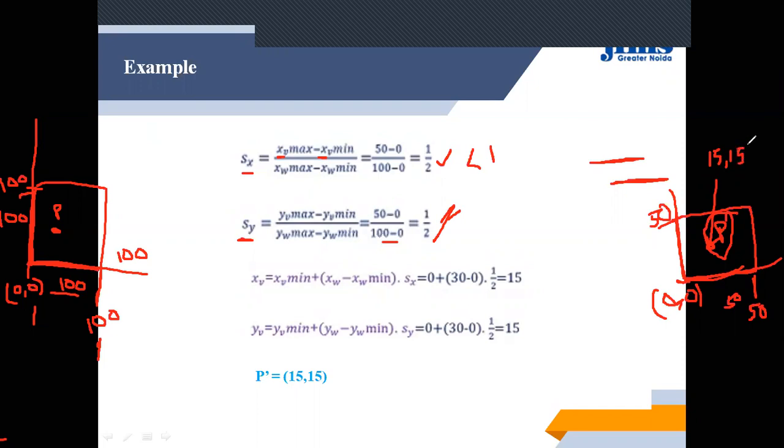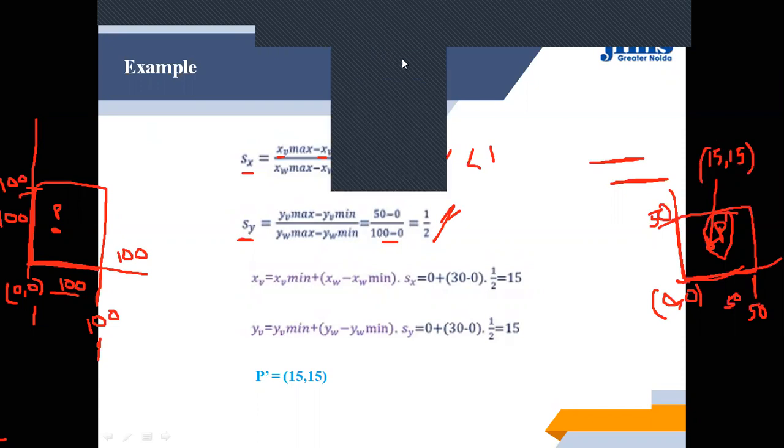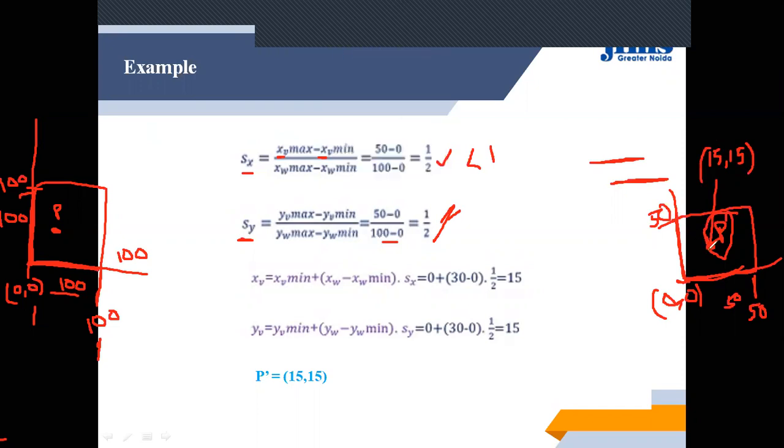In the same way, when the value of the point in the viewport is given, like it is given over here as 30, 30, sometimes it can be the case that the value of this point is given and we have to map this point on window.